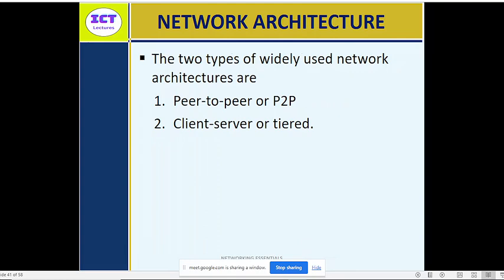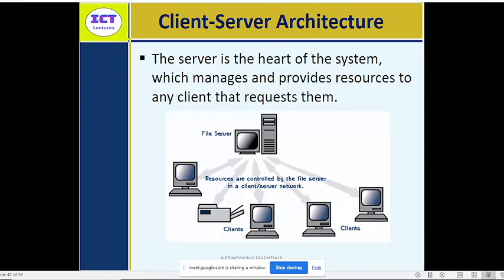So you'll realize that some organizations implement both networks, but ideally in most organizations they normally implement the client-server architecture. What I can say is this: peer-to-peer networks normally are implemented on top of a client-server architecture, mostly, right?